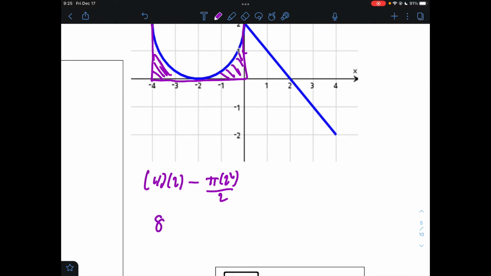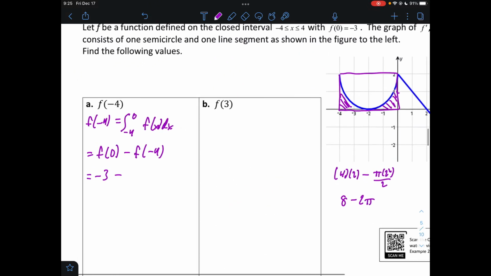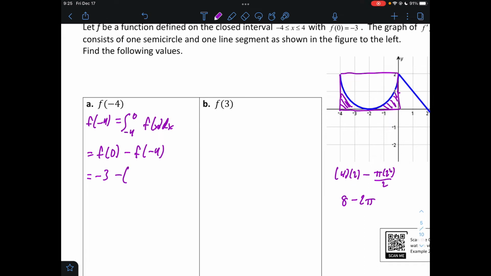So that would be 8 minus 2 pi. I think that sounds right. So it would be -3 minus (8 minus 2 pi). So it's -3 plus 8, which is 5 plus 2 pi. Nope, that's bad math. I'm sorry. -3 minus 8, which is -11, plus 2 pi. That's better math. So our answer would be 2 pi minus 11. Okay?